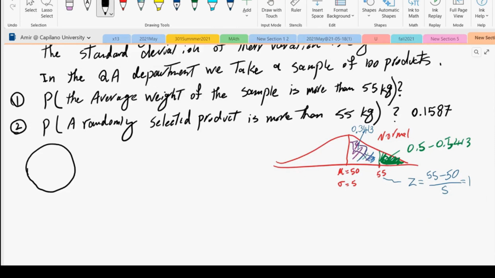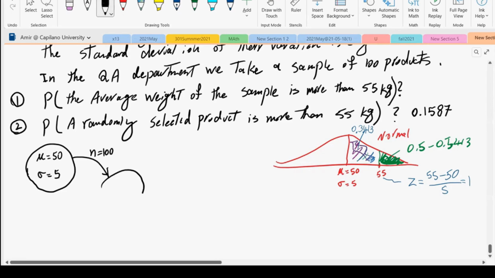The question says that we are taking a sample of how many products? 100 products. The mean of the population is 50. The standard deviation of the population is 5. We take a sample of 100 products.